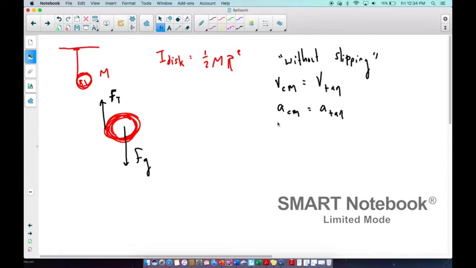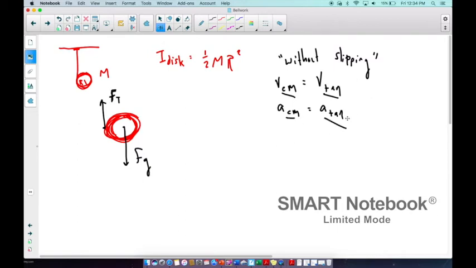So here's what this means. Without slipping means that a point at the edge is not moving faster and outpacing the middle. That's basically what it means. It means that the center of mass is moving with the edge. That's what it means to have no slippage.